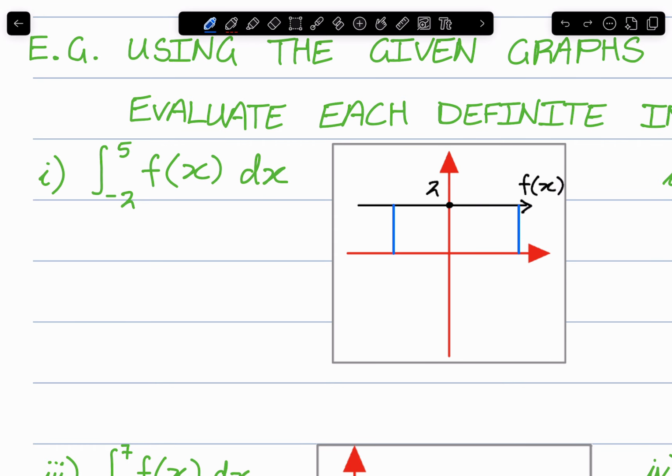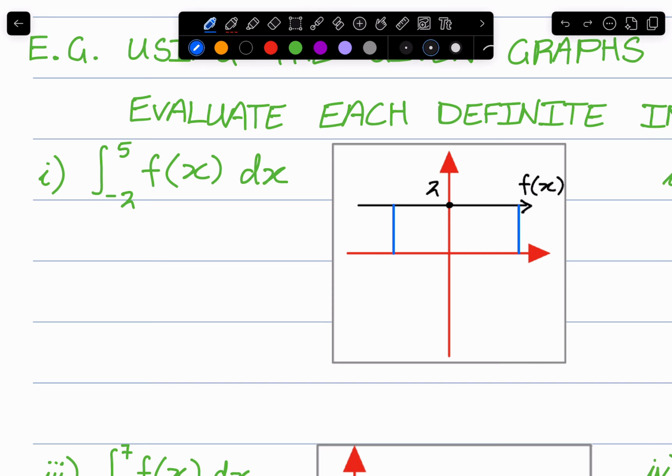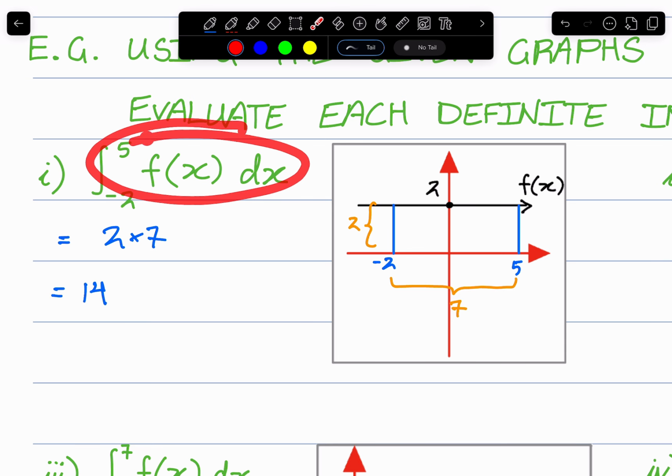If you pay close attention to what shape this is making, this is a rectangle of height 2, and since this is negative 2 and that's 5, this is 7 units. So this is merely going to be 2 times 7, 14. The definite integral based off this graph is merely 14.